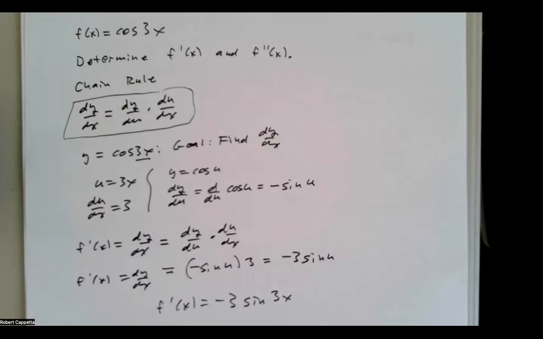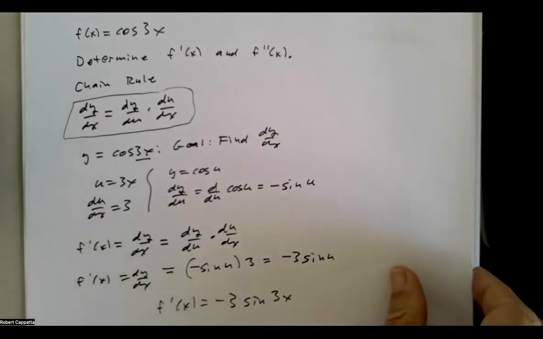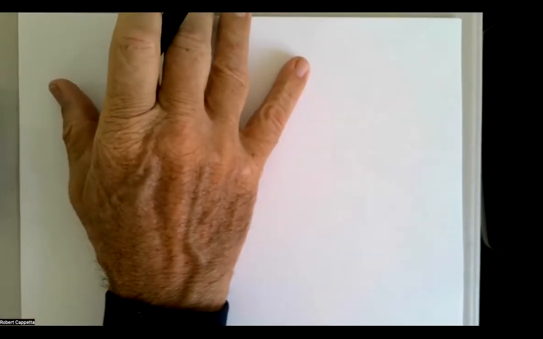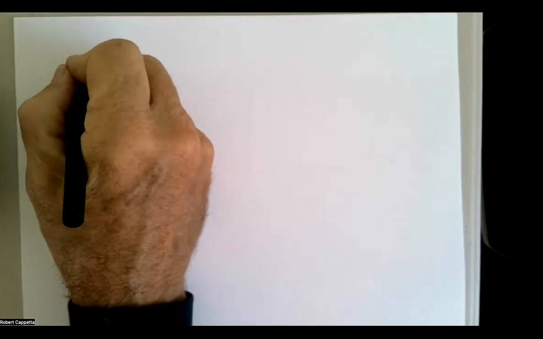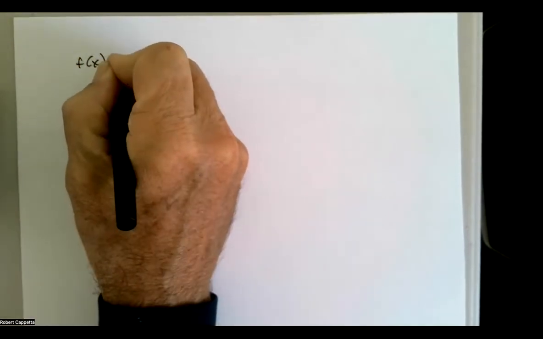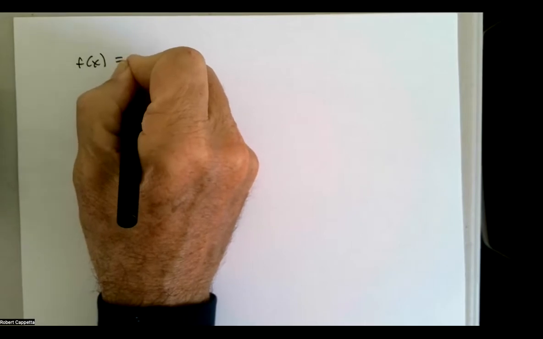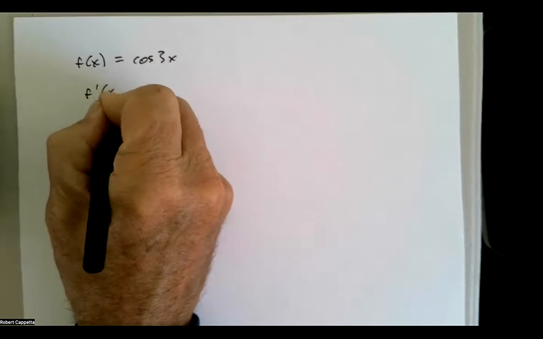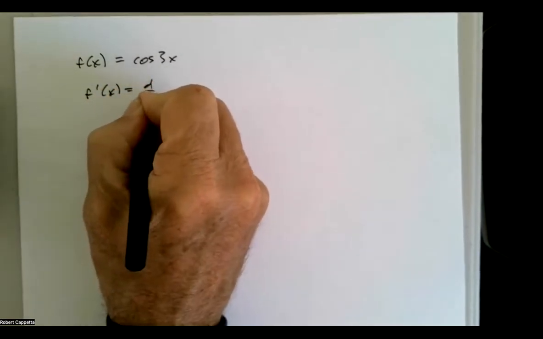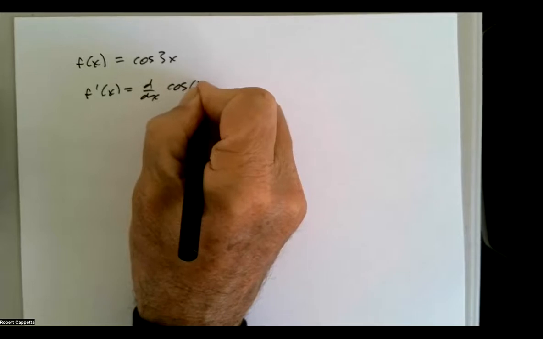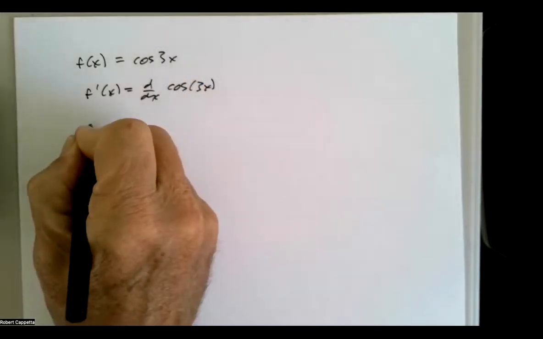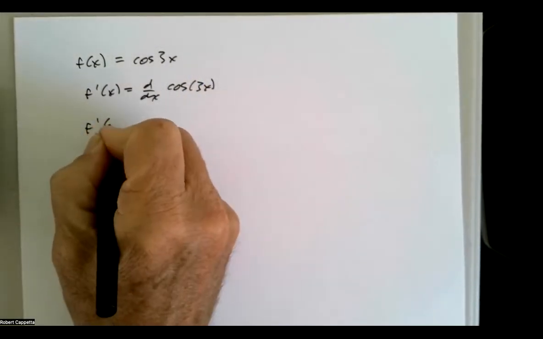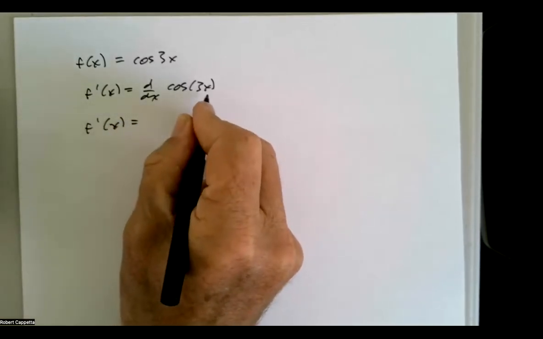But there's another way that we can do this. So let's take a look at it. So we're saying f of x is cosine 3x. How do we take the derivative using the chain rule, using an alternative strategy? So f prime of x, just to make sure we're clear on our notation, is the derivative of the cosine of 3x. So what is the derivative of the cosine of something?